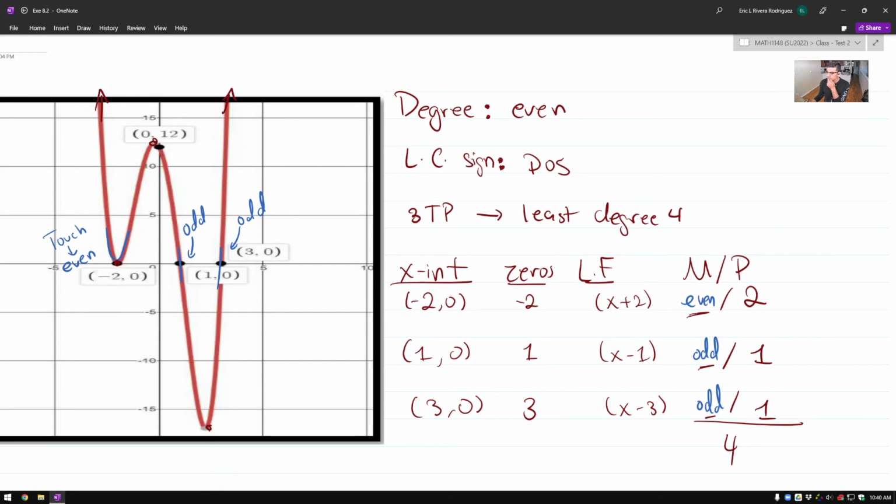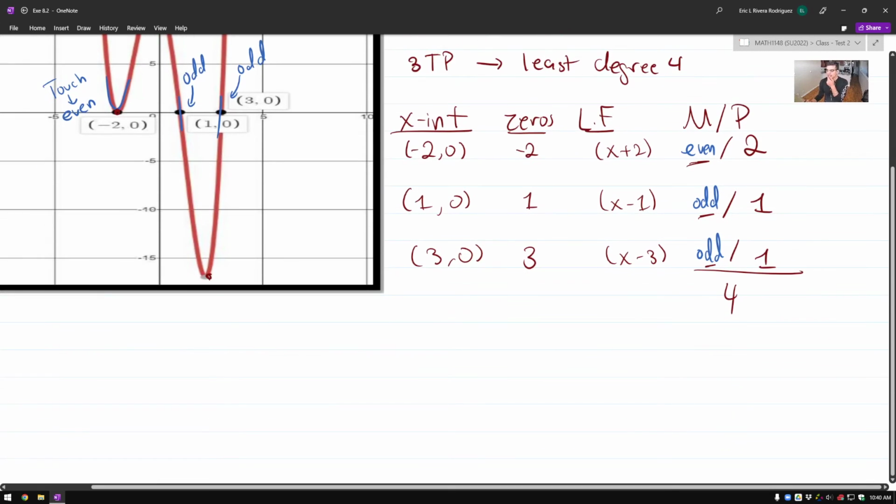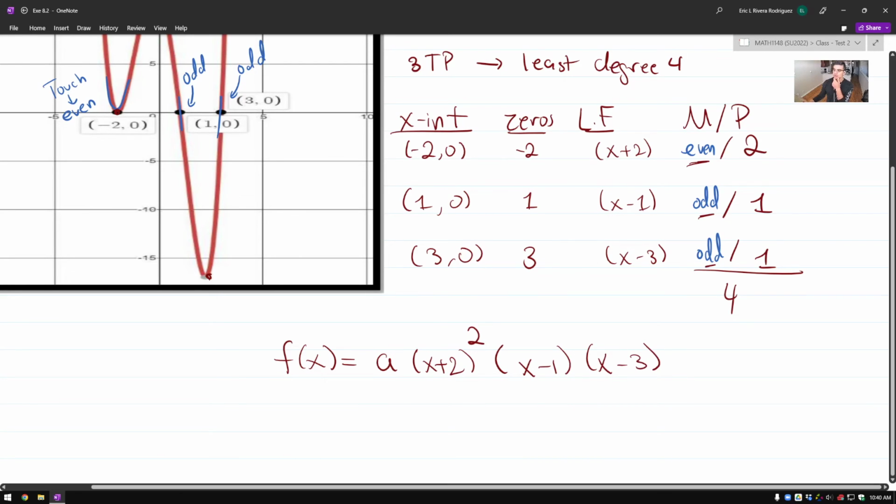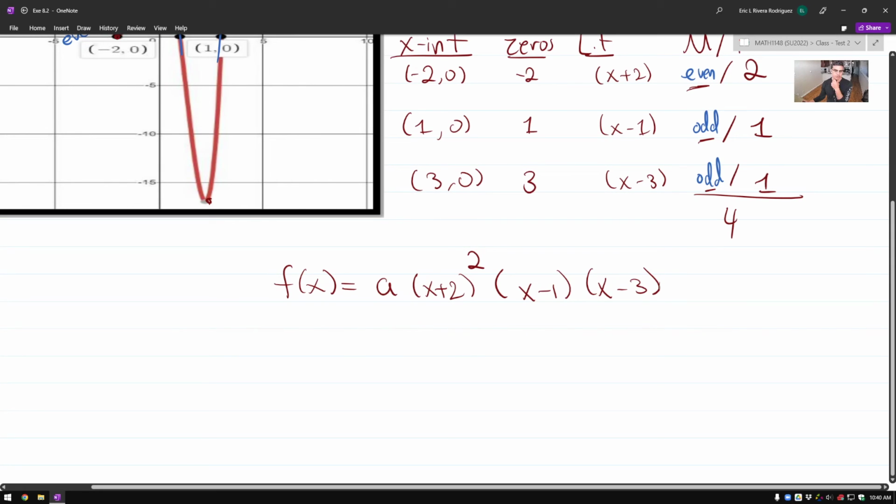Correct. So with that, we are ready to start writing our polynomial function. The power of this factor is 2. Okay, and this is what we got so far.